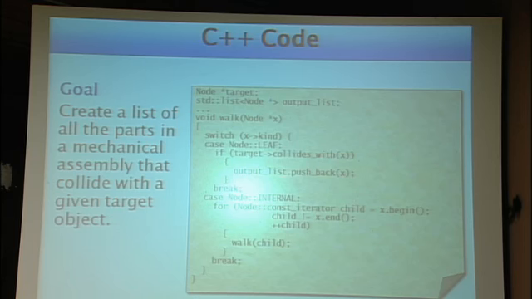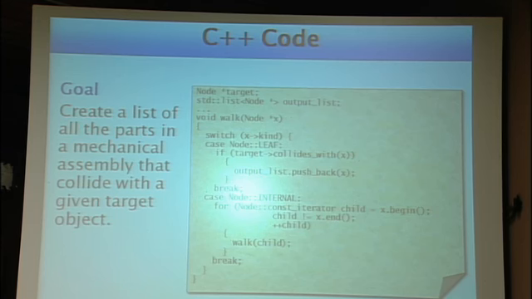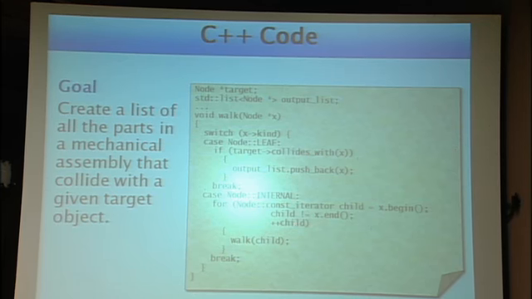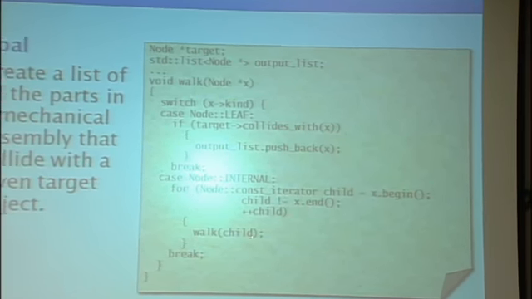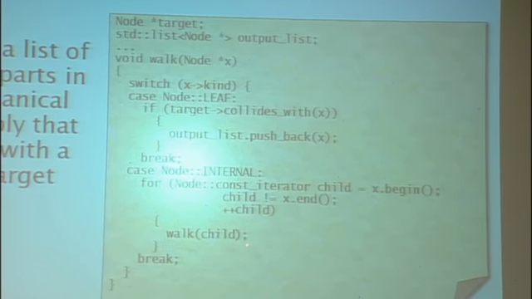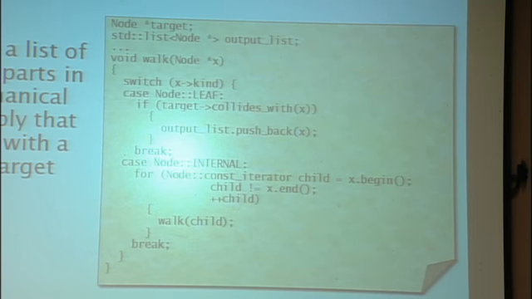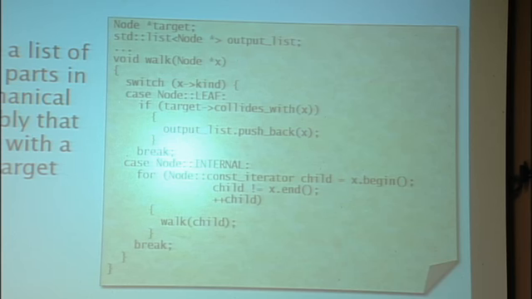So this is the standard C++ library call for putting something on the end of a list. Okay? If it's an internal node, then go through all of the children and walk the children recursively. So basically, you're going to look through the whole tree. Does it intersect this particular object X?